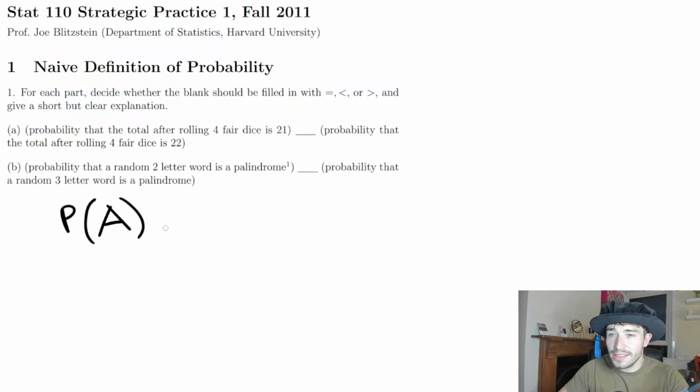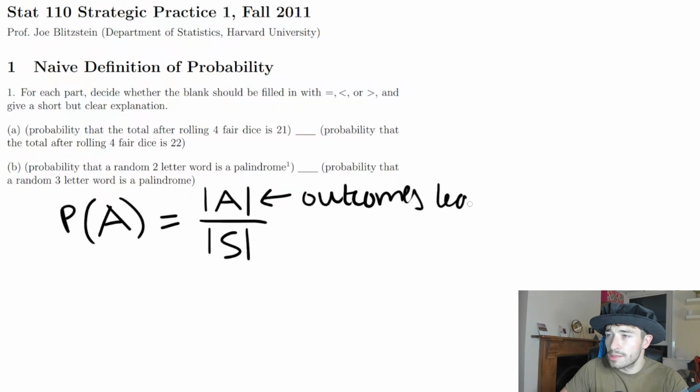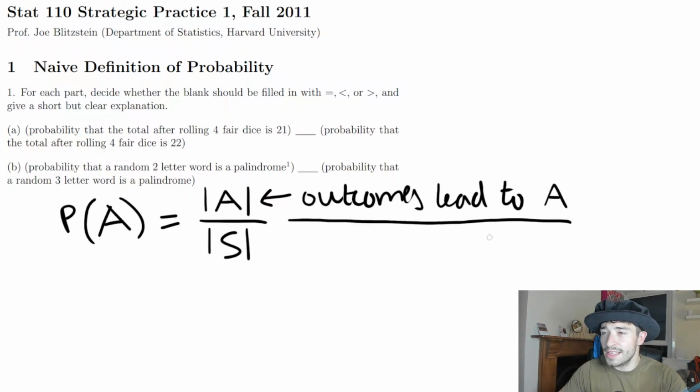Then the probability of that event is the size of the set A, the cardinality of the set A, over the cardinality of the set S. So A is the event, and inside the set of A are all the outcomes that lead to A. S is called the sample space, and this is the total number of outcomes.